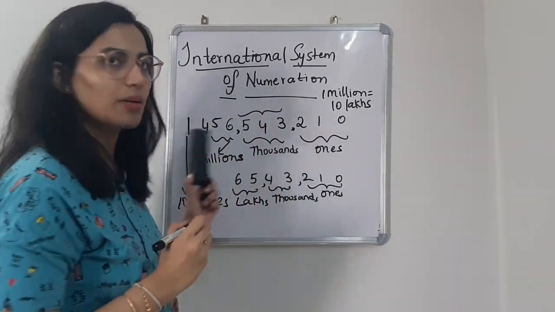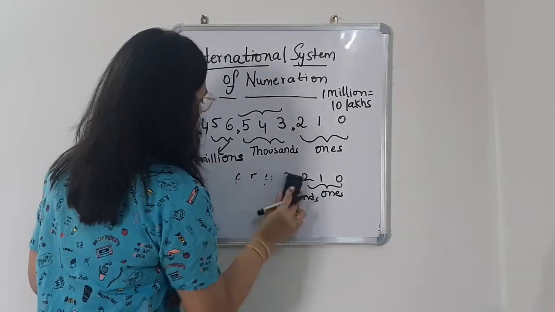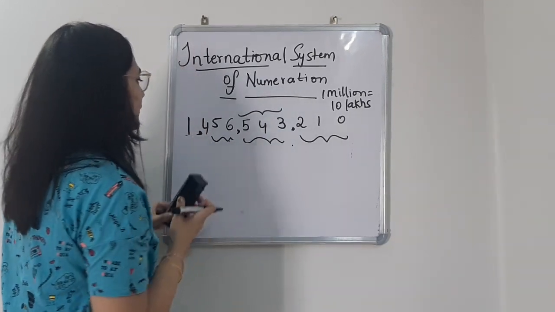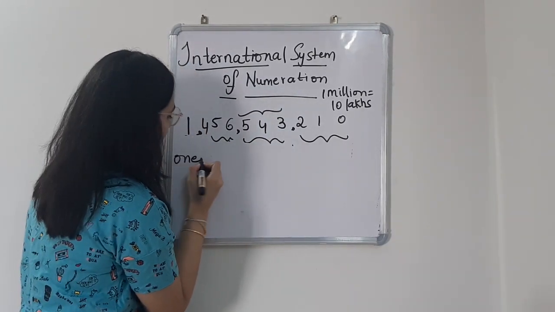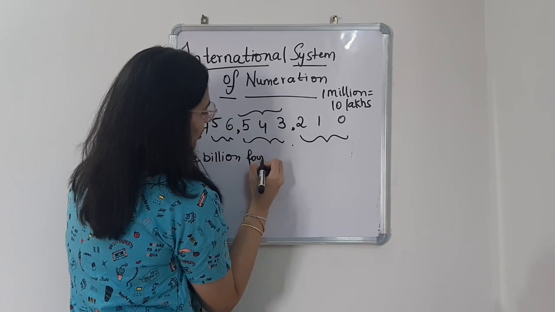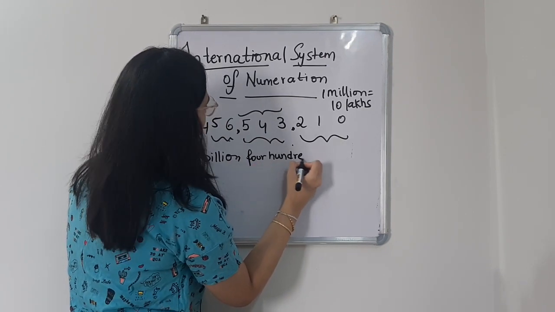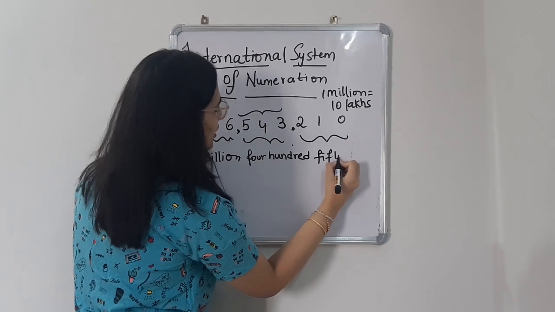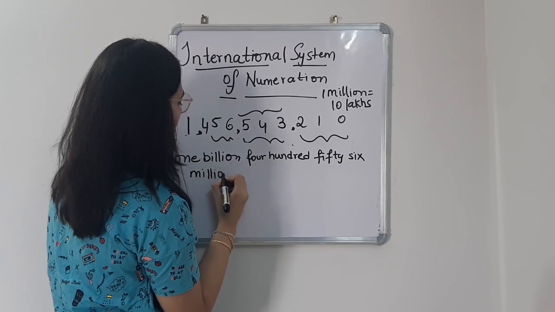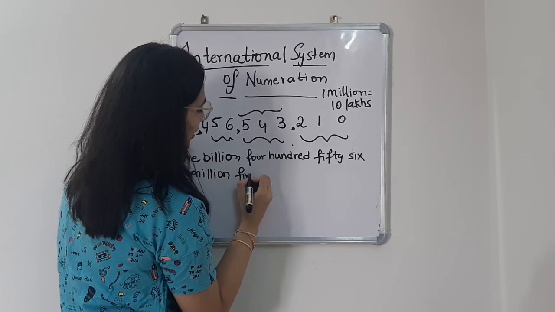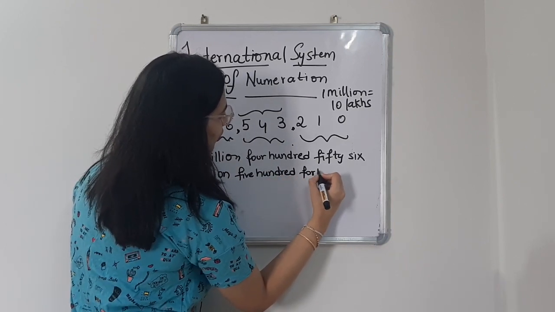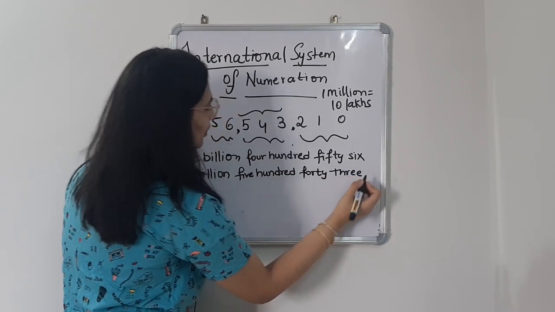Now we have this number. So how do we read this number? We read this number like this. 1 billion, because it's 1 million, 456 million 500 43,210.